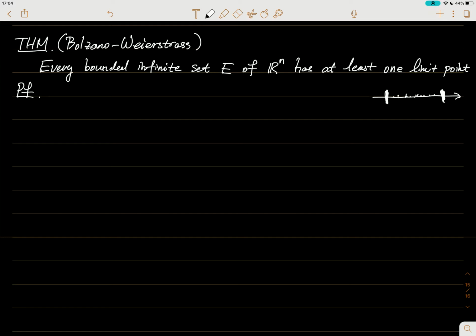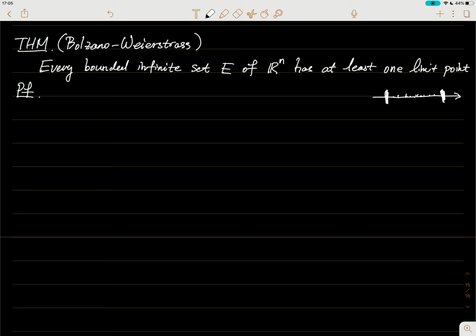So there must be a sequence of points extracted from here that are distinct and they converge to some point. Okay, it could be one of these points, but it could be some other point within this range. Okay, so that is the Weierstrass theorem you learn in calculus, in analysis. Here we're just trying to extend this to the n-dimensional case.